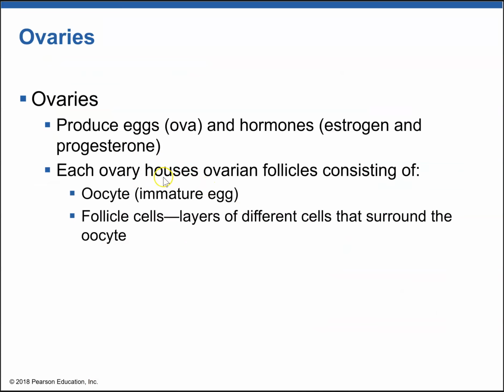Each ovary consists of ovarian follicles that contain an oocyte, which is the egg, and follicle cells, which are a layer of different cells that surround the oocyte.